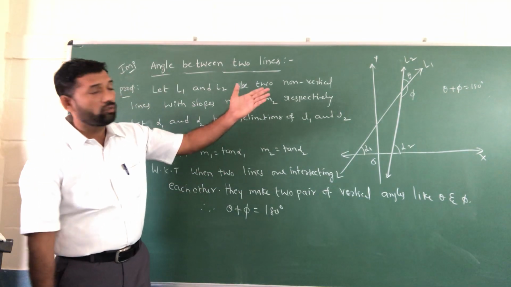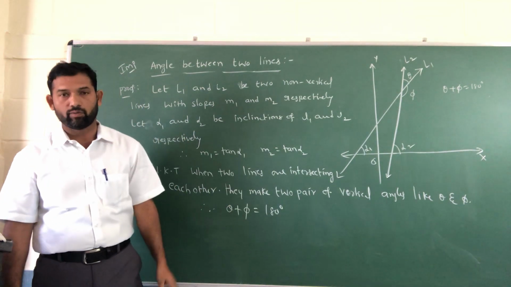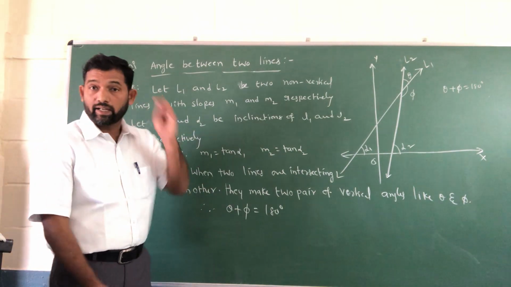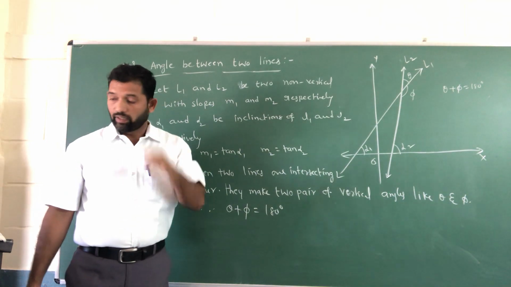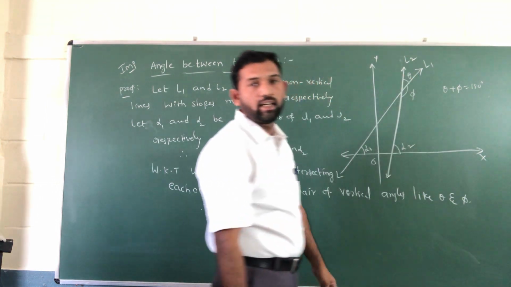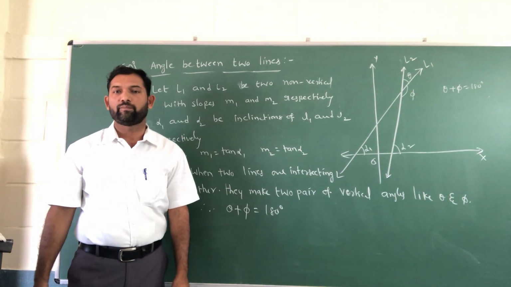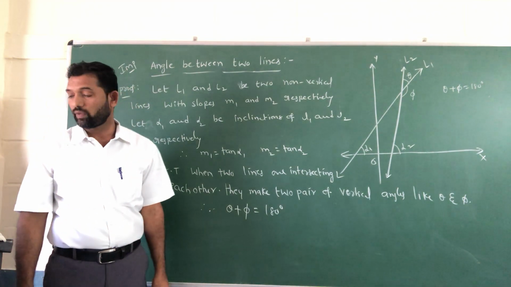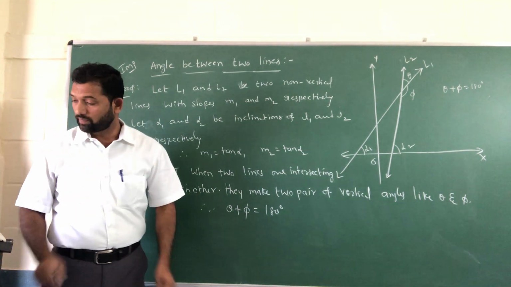So their sum should always be equal to 180 degrees. These two are adjacent angles, theta and phi. So we know that theta plus phi is equal to 180 degrees.